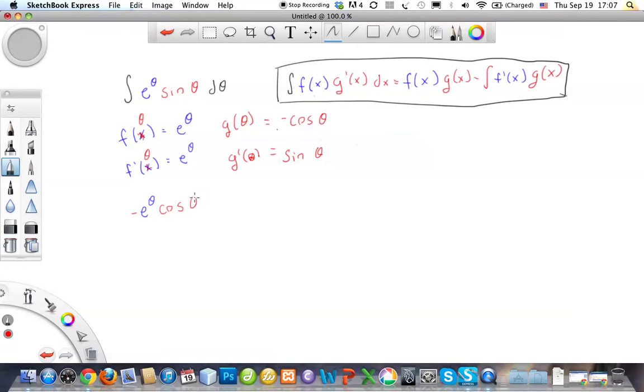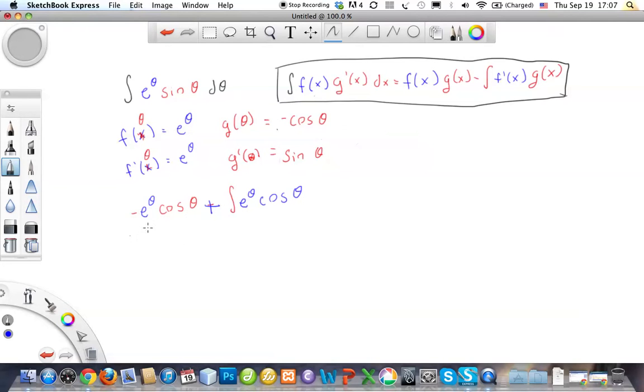Alright, and then we subtract the integral of f prime of theta, which is still e theta, times g theta. So this is going to turn into a positive, so plus cosine theta.